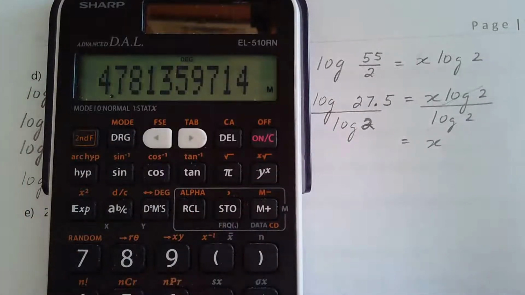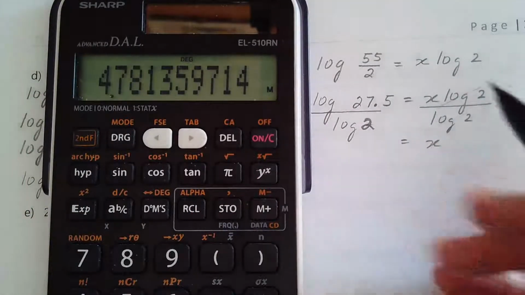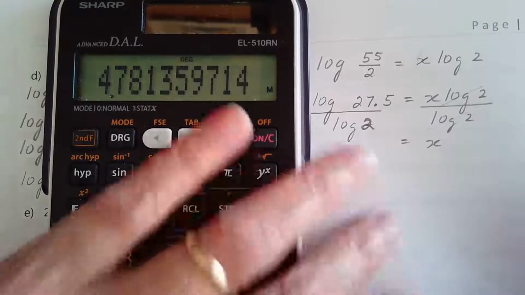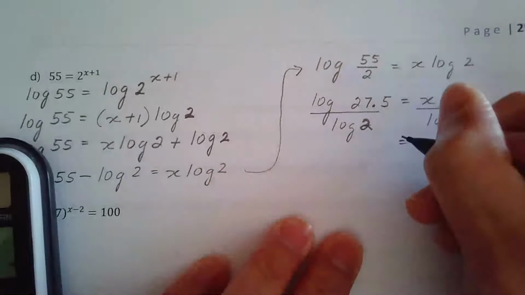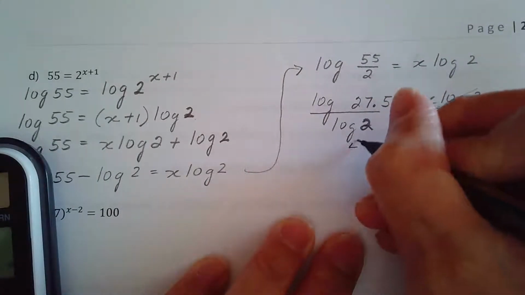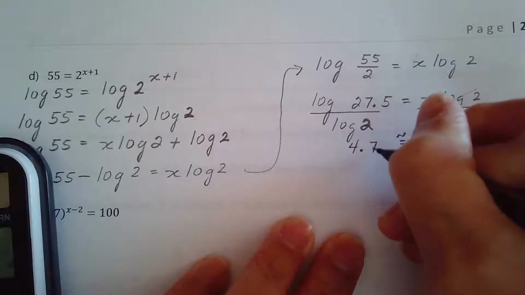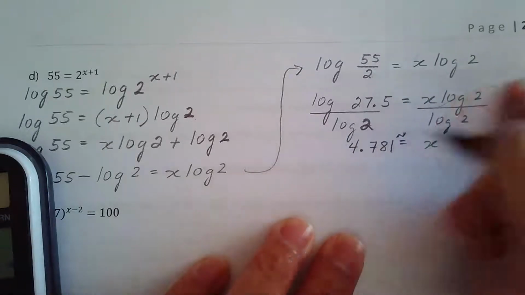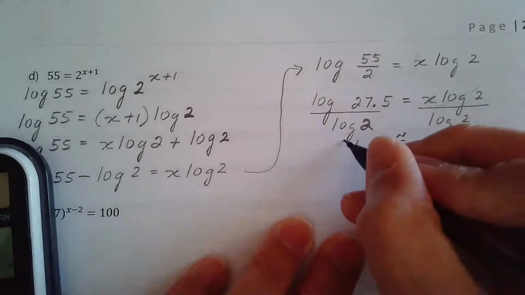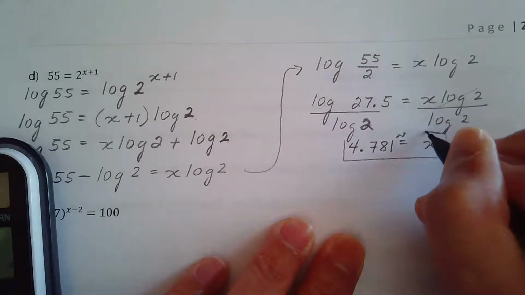It says at the beginning of the lesson that we need to round it off to 3 decimal places. So this is approximately equal to 4.781. Rounding it off to 3 decimal places is 4.781.